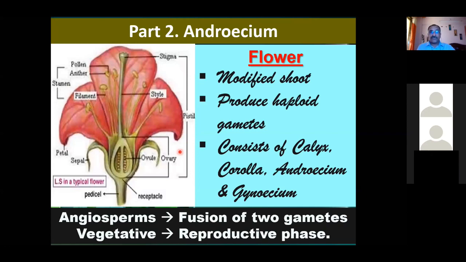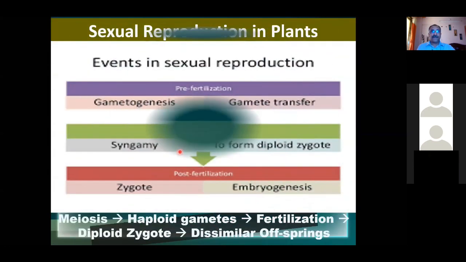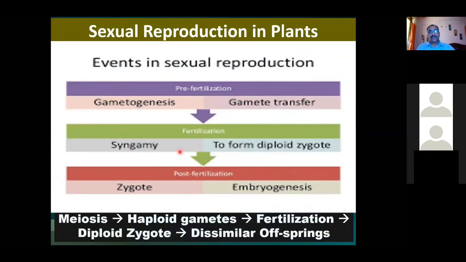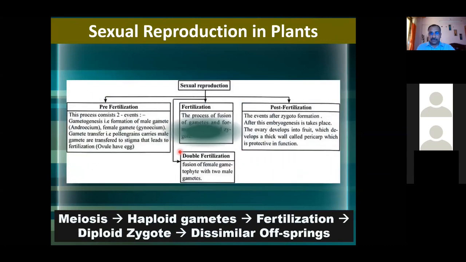All these things we have seen. And then we have seen the events in sexual reproduction: pre-fertilization, fertilization in the middle, and post-fertilization after that. In all angiosperm plants, meiosis takes place before the production of gametes, because all the angiosperms are sporophytes. And then we have seen this also in detail.